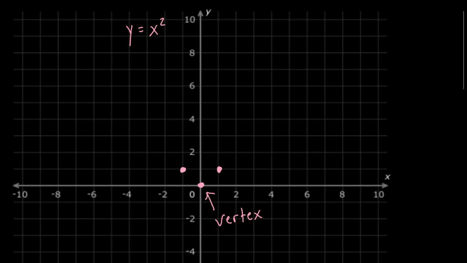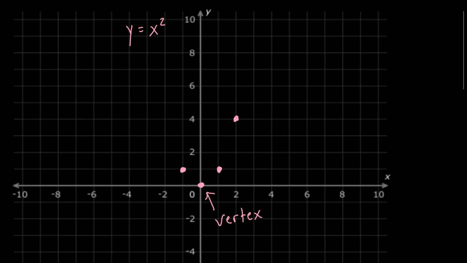Now, we know that the equation of the parent function of a quadratic is y equals x squared. What is happening to the x? It's being squared, right? So if my x value is 2, what's my y value? 4. How'd you get that? Oh my gosh, you squared 2. So at 2, what's my y value again? 4. So it's not 2, 2, it's 2, 4.